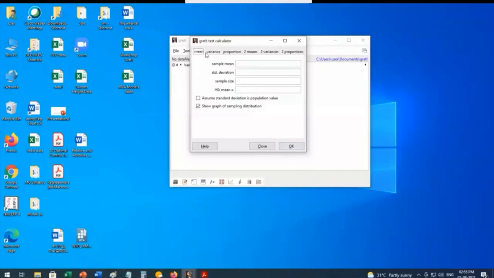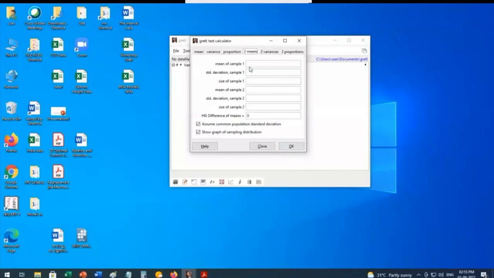Then we can have two means. We can compare two means. That is the t-test or the z-test. So we give the mean of sample 1, standard deviation of sample 1, size of sample 1, then similarly for the sample 2 also. And then the null hypothesis is given, that is mu1 equals mu2.